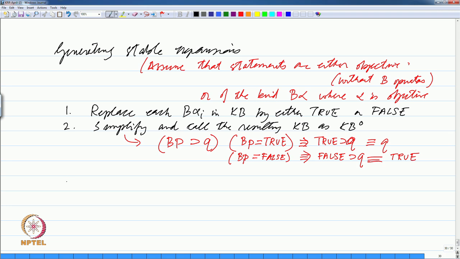Then, if B alpha I was replaced by true, confirm that the knowledge base entails alpha I. So, we want to basically test whether the thing is stable or not.